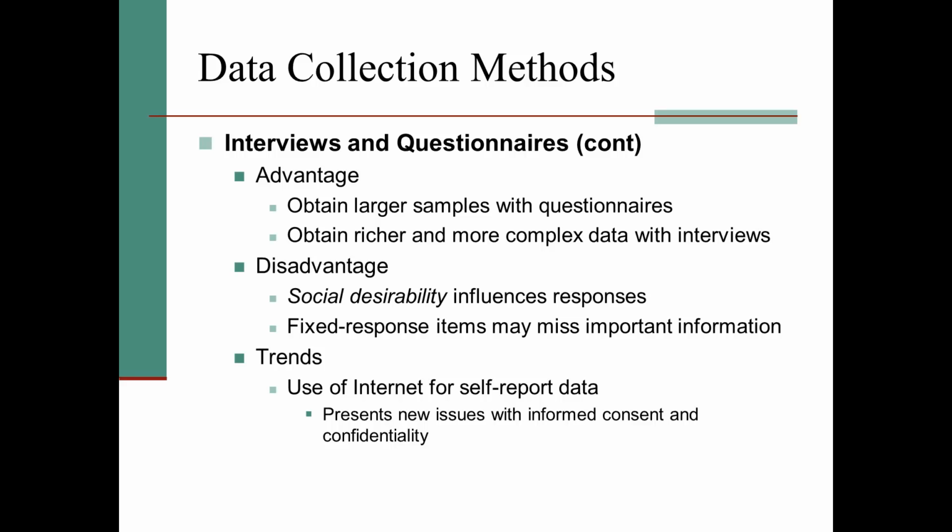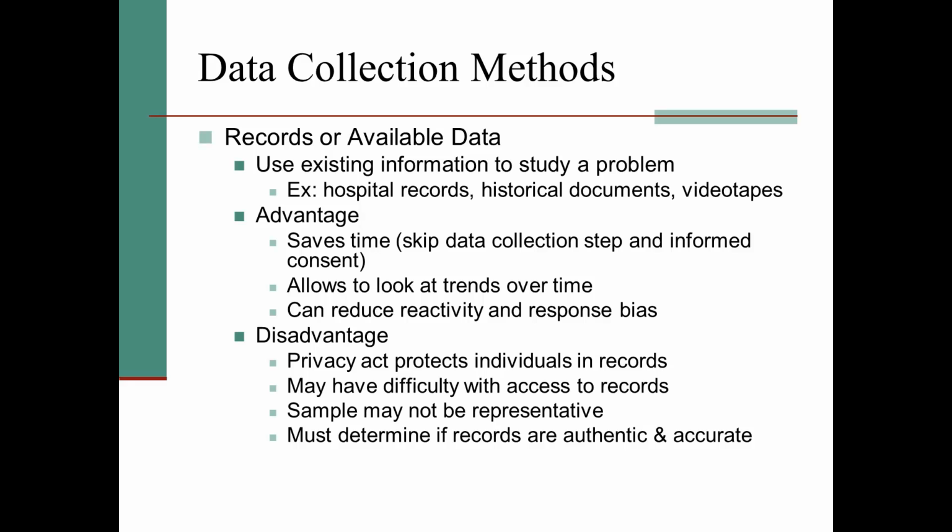Using the internet for self-report is a trend that's up, and there are issues. It still is considered research, and so informed consent and confidentiality still need to be considered, even if it's information that's widely available. In terms of data collection, you're using records. I might look at medical records, might look at videotaping, might look at a variety of different things.